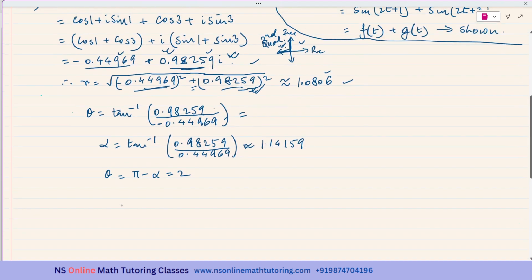So therefore e to the power of i plus e to the power of 3i is equal to r's value, correct to three significant figures, will be 1.08, and e to the power of i theta means it is 2i, okay? Correct to three significant figures.